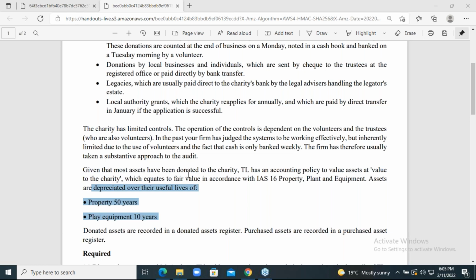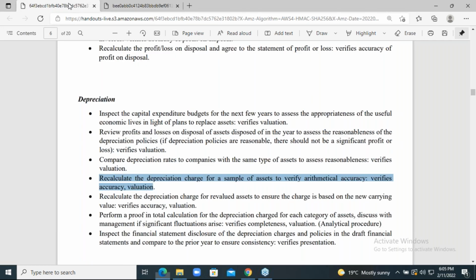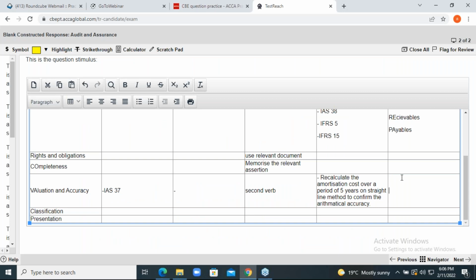Recalculate the depreciation charge: that was from a generic point of view. Just to repeat my point, you will write: recalculate the depreciation charge.